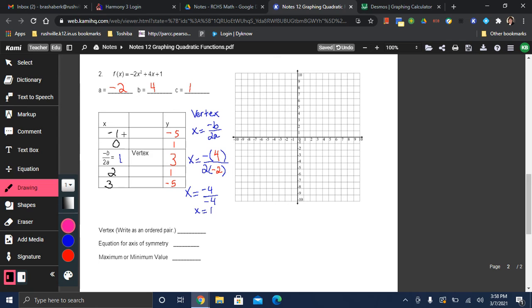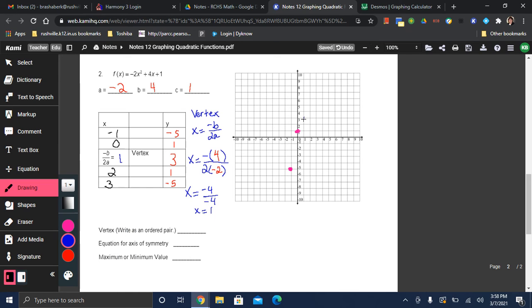So you can start with negative 1. X is negative 1. Y is negative 5. Put a point here. Then 0, 1. So 0 is on the y-axis, and then go up to 1. 1, 3. And that's your vertex.